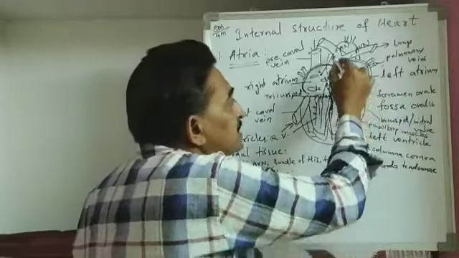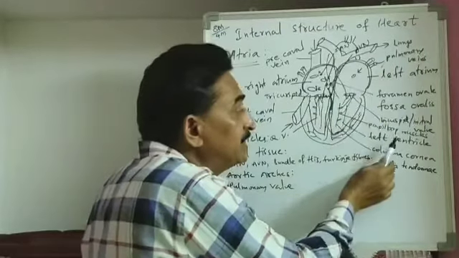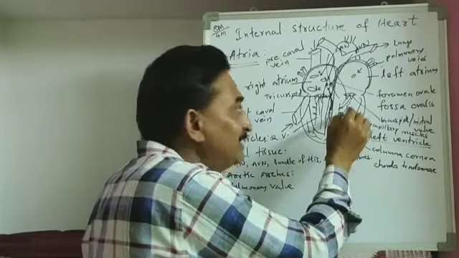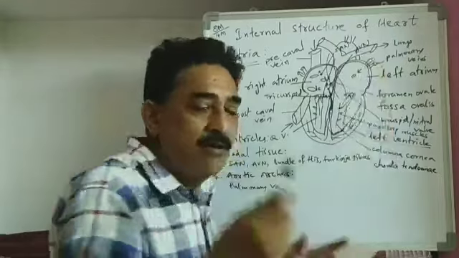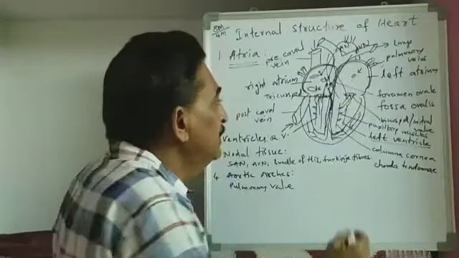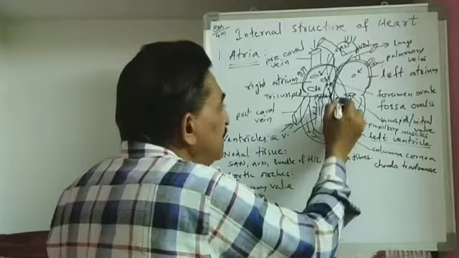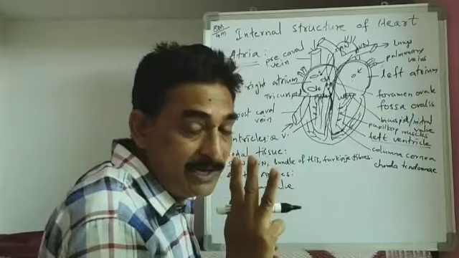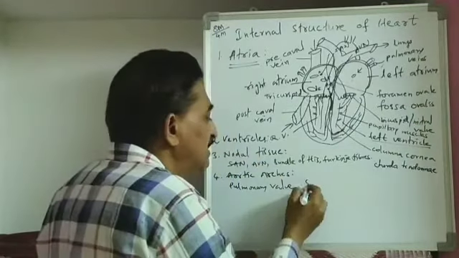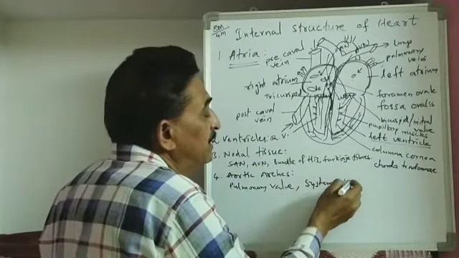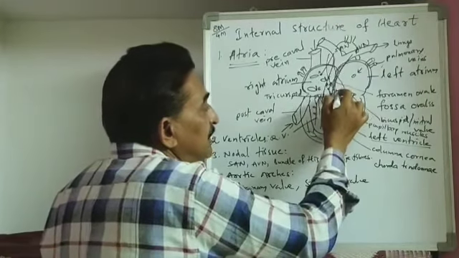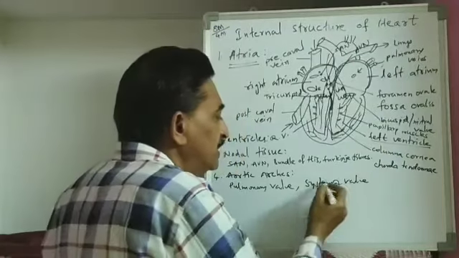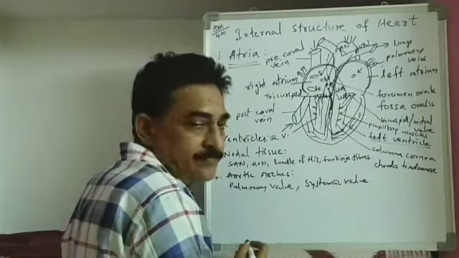This left systemic arch arises from the left ventricle, receives oxygenated blood and pumps it towards the whole body. Here also three semilunar shaped valves are there, called the systemic valve. This is the left systemic arch, LSA, or systemic arch. So it contains systemic valves.